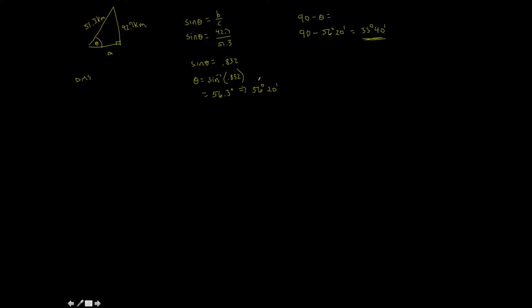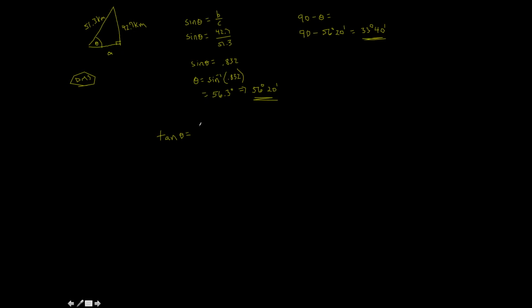Okay? So we've solved for both angles in degree, minute, second form like I asked for. Now we just have to solve for side A. I'm going to use tangent theta just so you can see another one being used.